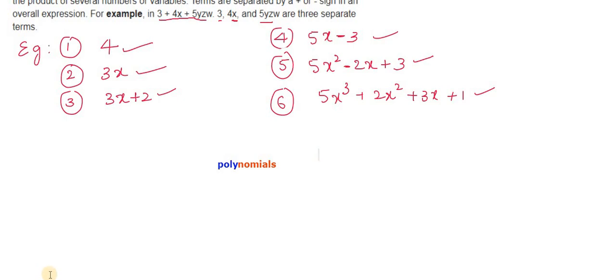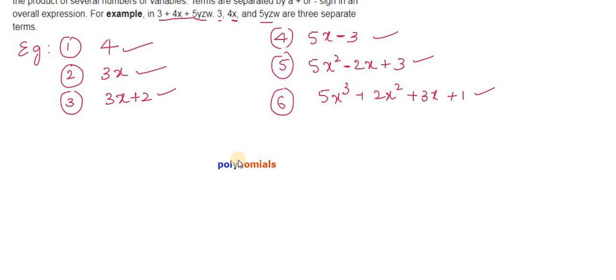Now we'll try to understand the meaning of polynomial. As you see, the word polynomial is written in two colors, one blue and one red. Why did I write it like this?